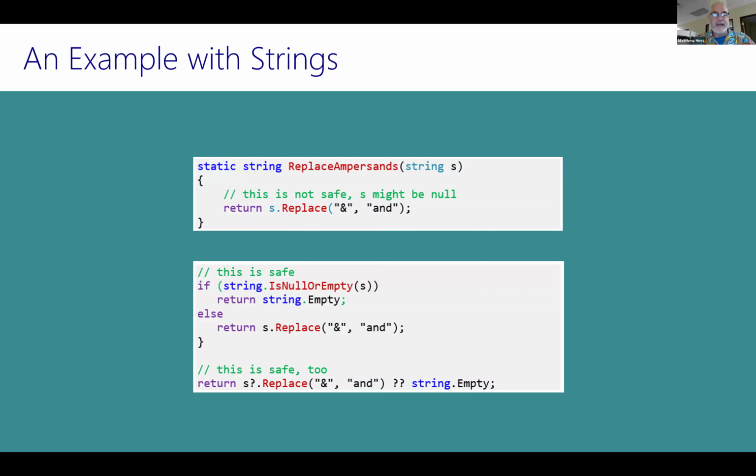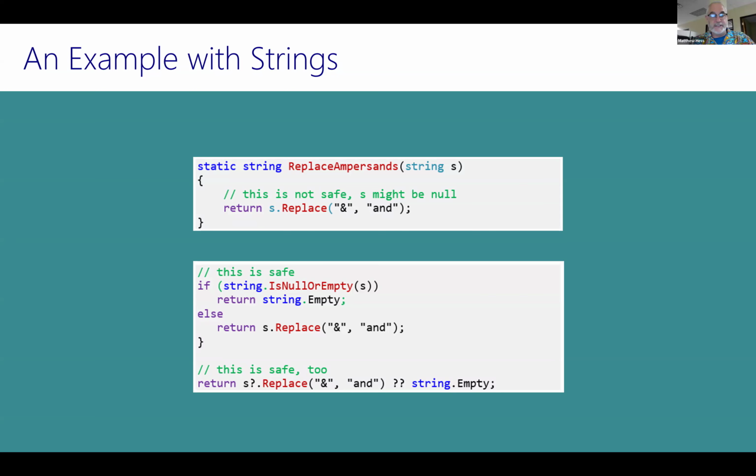A string type in C# classically just can be null. So here's a function called ReplaceAmpersands, and it takes a string. And this isn't safe, right? If we just say return s.Replace, replace the ampersand with the word and, well, what happens if s is null? If s is null, this is going to create the same null reference exception.